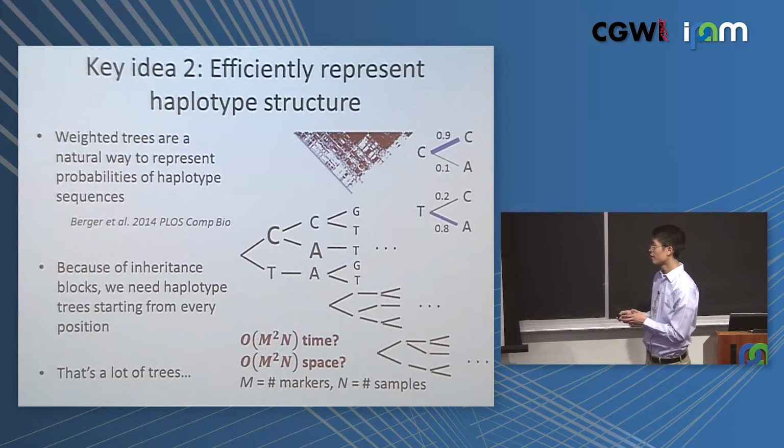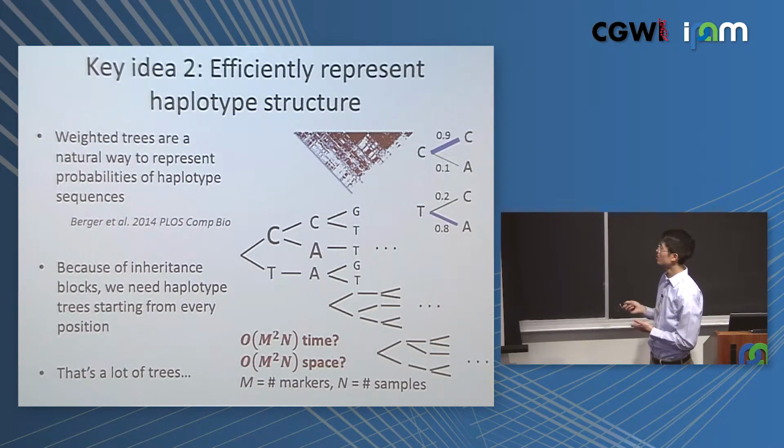So if M is the number of markers that I'm trying to phase, the number of SNPs, and N is the number of reference samples that I'm working with, then naively, it takes order MN time to build each one of these trees. And I need to build one starting from each position in the genome. So that means I'm expending order of M squared N time. And naively, it will also cost order of M squared N space to store all of these trees. So that seems like a non-starter.